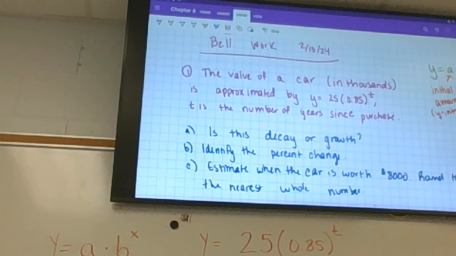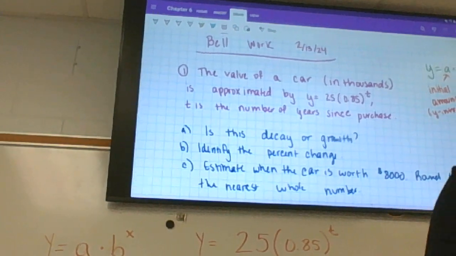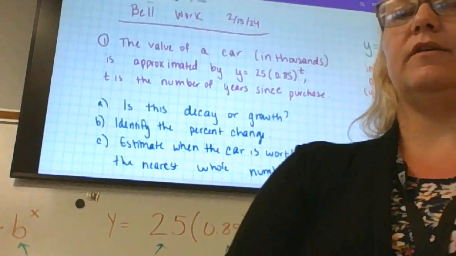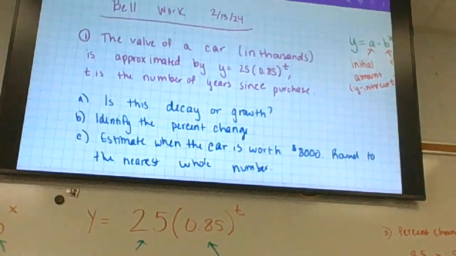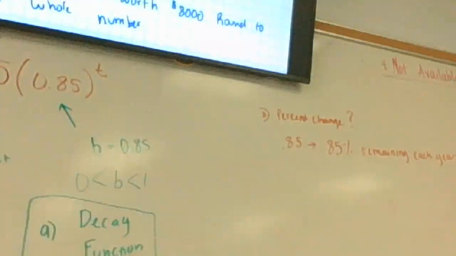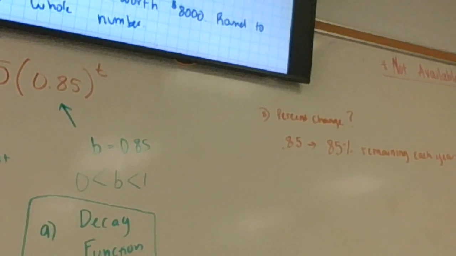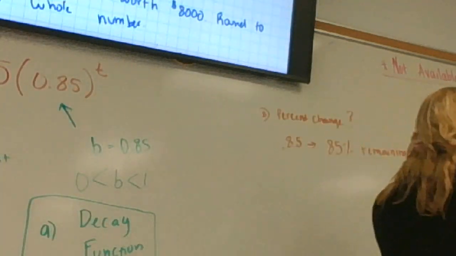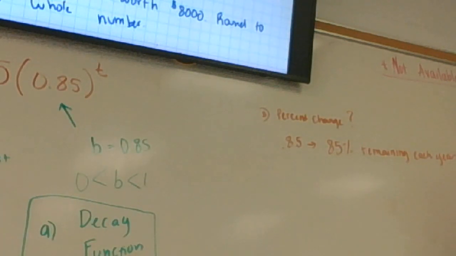The value in the rate spot is 0.85, which means 85%. That means every year the car is worth 85% of what it started. So after 1 year, it's 85% of 25,000. After 2 years, 85% again. The issue is a lot of people think the answer is 85%, but it's not.